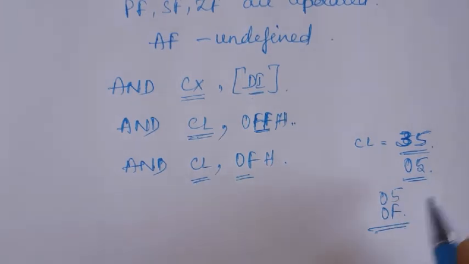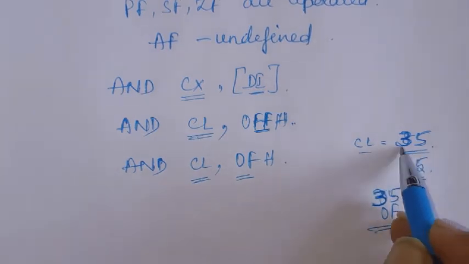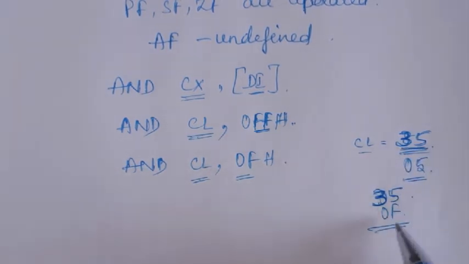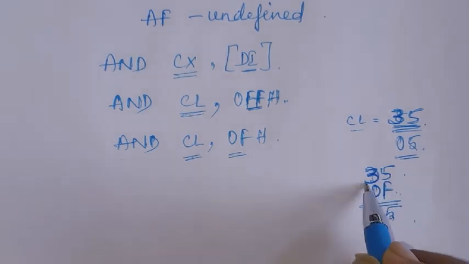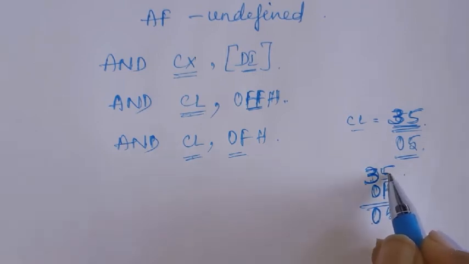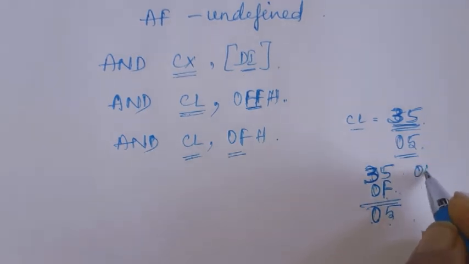It becomes 05, because 0 ANDed with 3 becomes 0, and 5, the lower nibble, ANDed with F becomes 5. I hope you understood.